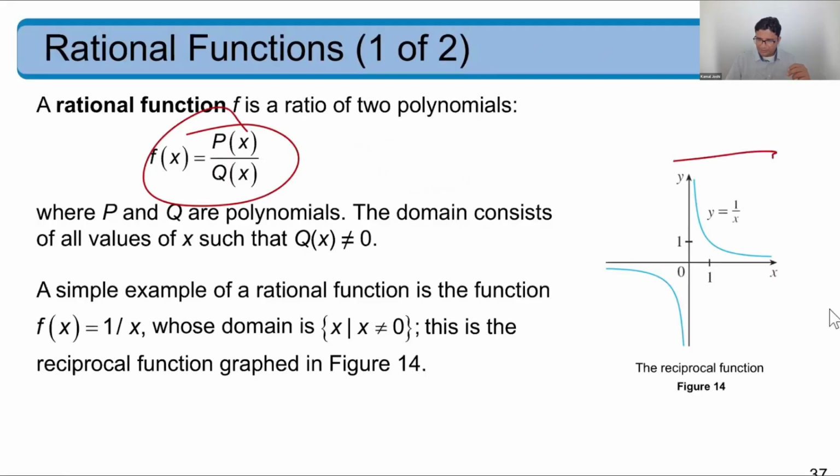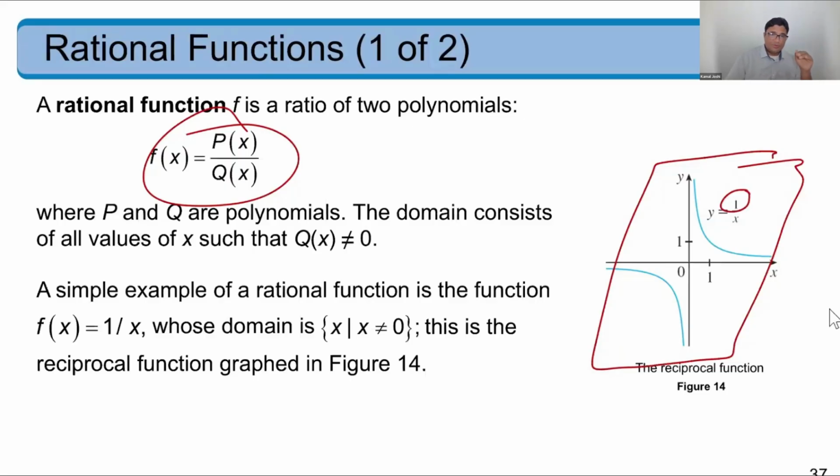You see the first example here, the same hyperbola. So the reciprocal functions were a special example of the rational function. But a general rational function may not have only one in the numerator. That itself could be a different polynomial.